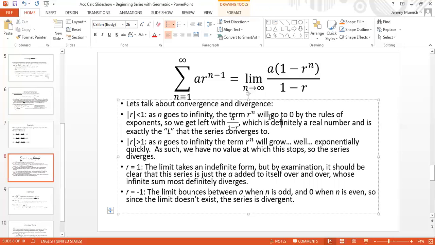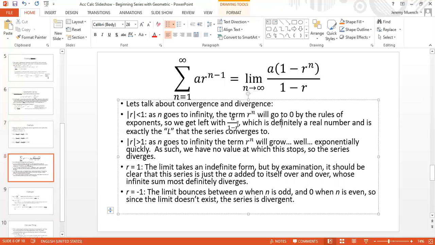It has to, right? Multiplying something that's below 1 by itself enough times eventually yields something infinitely close to 0. So what we end up left with is a over 1 minus r, which is definitely a real number and is exactly what the series will converge to.